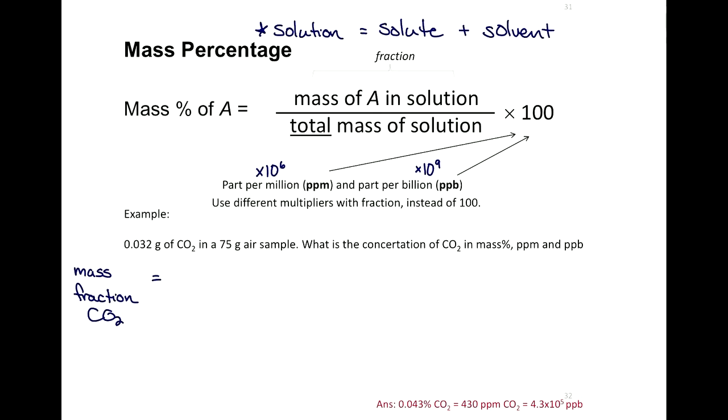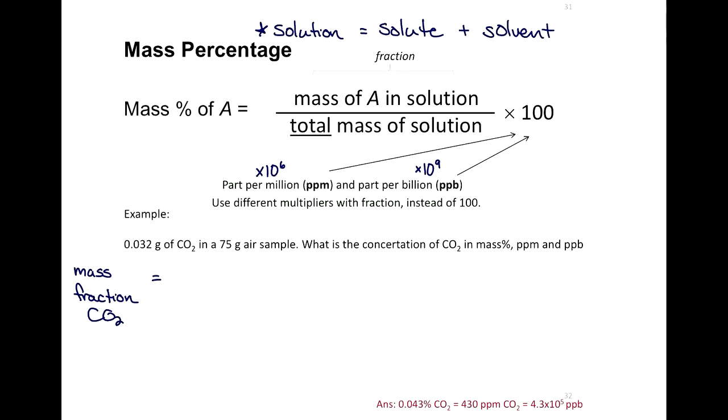So make sure you take note of that when we do these calculations, because note here, if we want to calculate the mass percentage of A, say we dissolve compound A in water, to calculate the mass percent, we just take the mass of A that's in that solution and divide by the total mass of that solution.